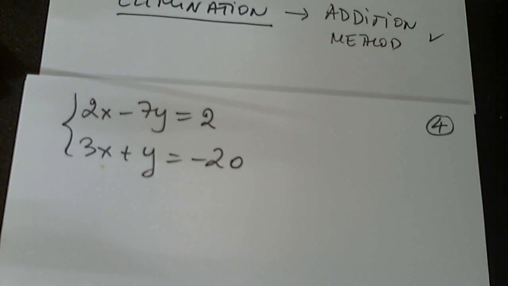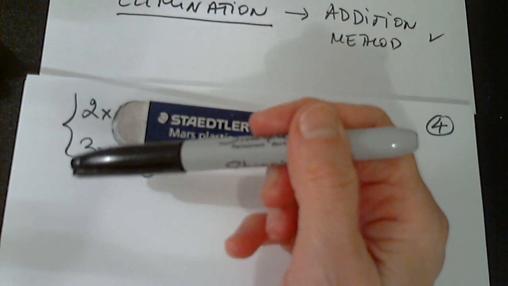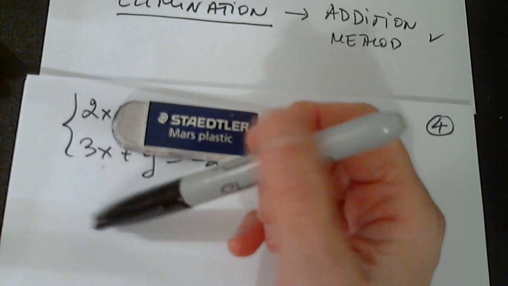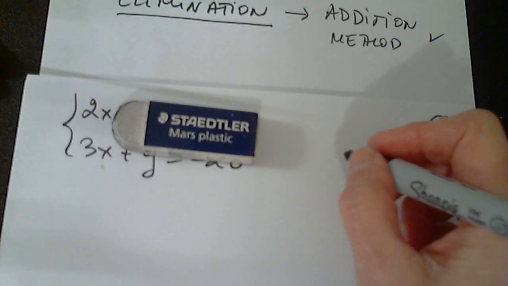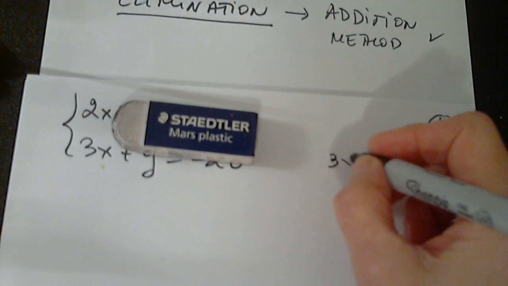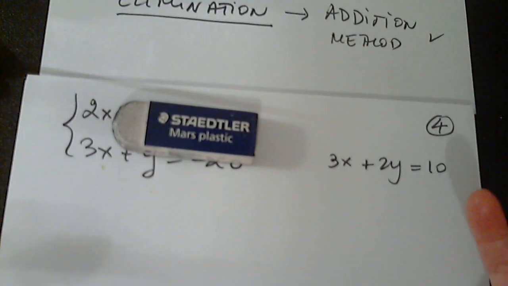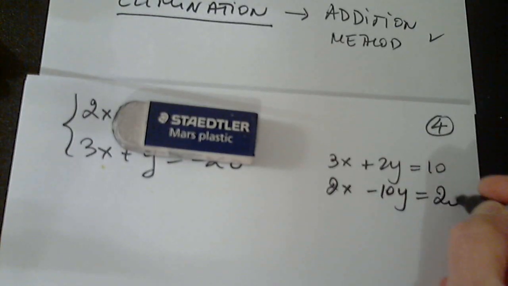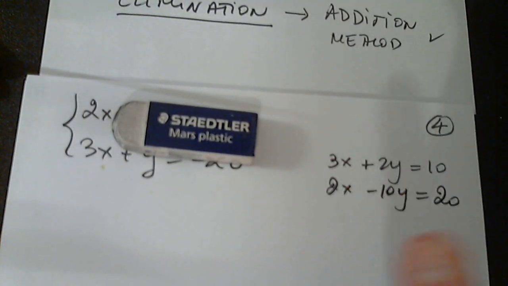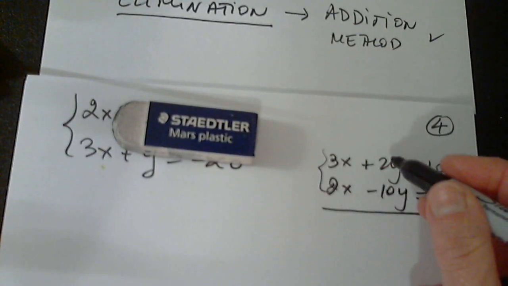How does this work? First, I look at the coefficients of x. Before I mention that, I want to say something. If I have 3x plus 2y equals 10, and let's suppose I have 2x minus 10y equals 20, just as an example, am I allowed to add row line by line?